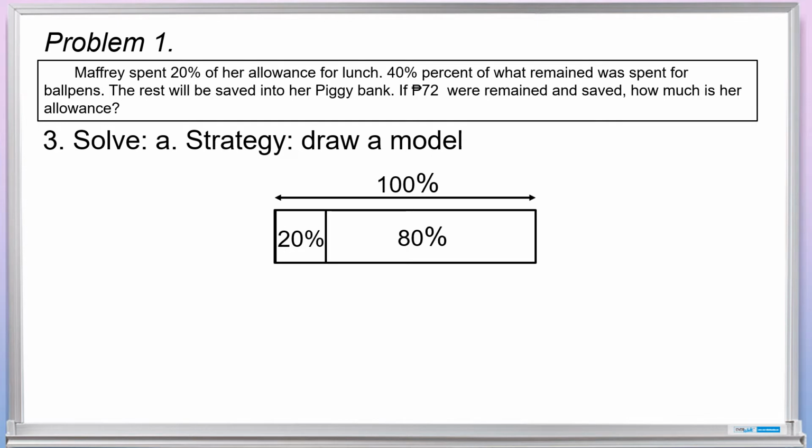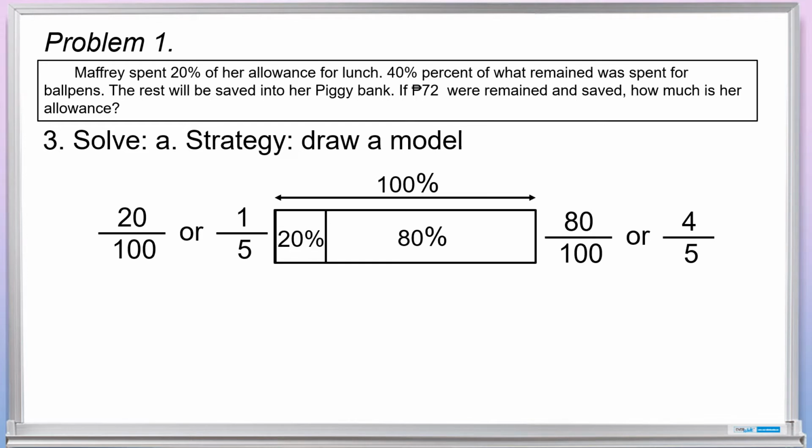Let's change 20% into a fraction, and that is 1/5. So as with 80%, when changed to fraction is 4/5. Let's take what was remaining and draw it again below. So this is 40%, which was spent for ball pens.